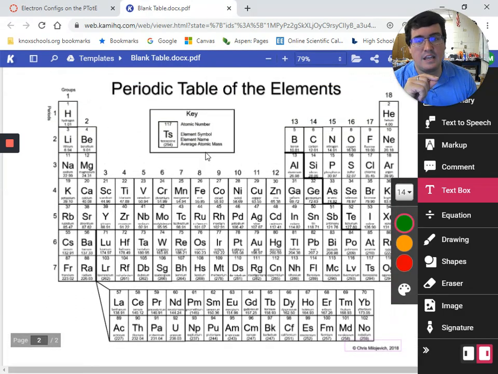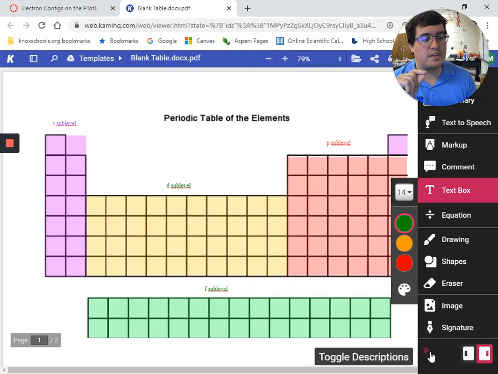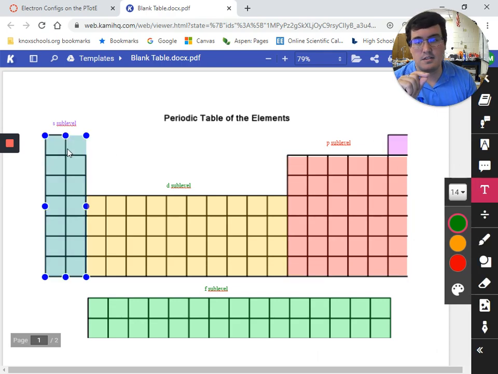If we look down here, let's say, for example, we wanted to go to magnesium. To build up to magnesium, you have to start with element 1, then go to element 2, element 3, element 4, element 5, 6, 7, 8, 9, 10, 11, 12, right? That's exactly how we're going to do this up here on the periodic table. But to do that, we need to know what electron configurations are in each of these squares.